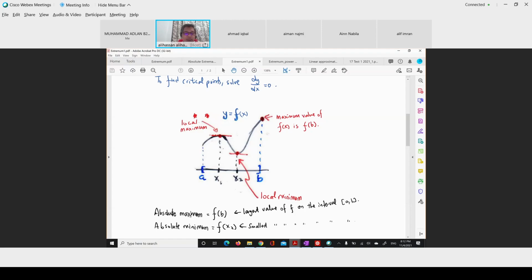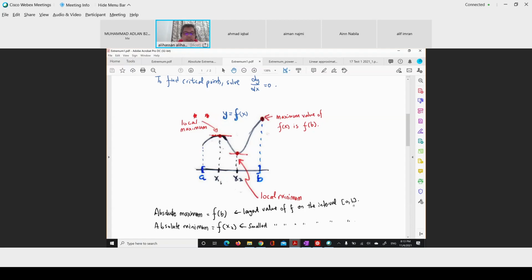So the absolute maximum in this graph is f of b. The maximum value of f over this interval is f of b. This is the highest point of f over the interval a to b. It is the largest value of f on the interval.